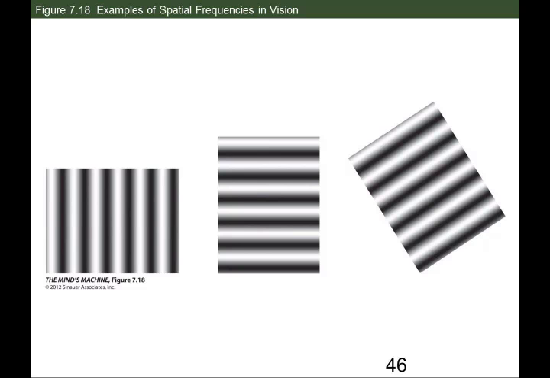V1 and V2 have very similar properties, but beyond that, things get very different. The complexity V2 adds to V1 is that it responds also to illusions or illusory boundaries that actually don't exist.